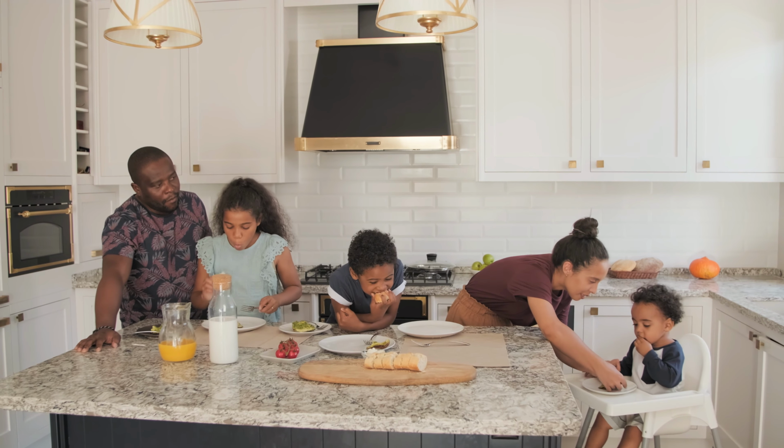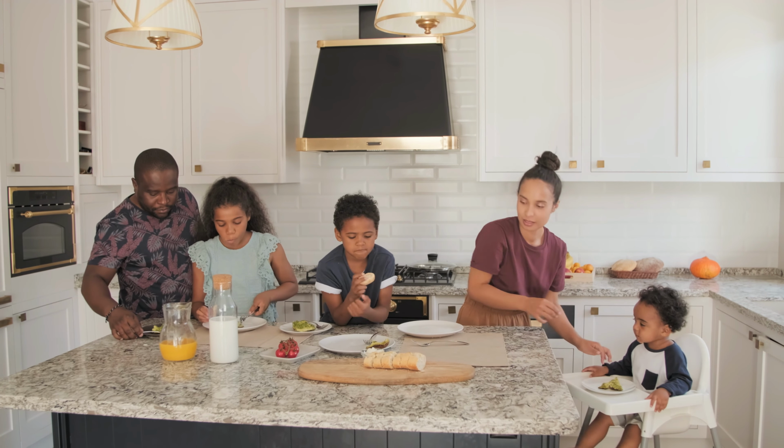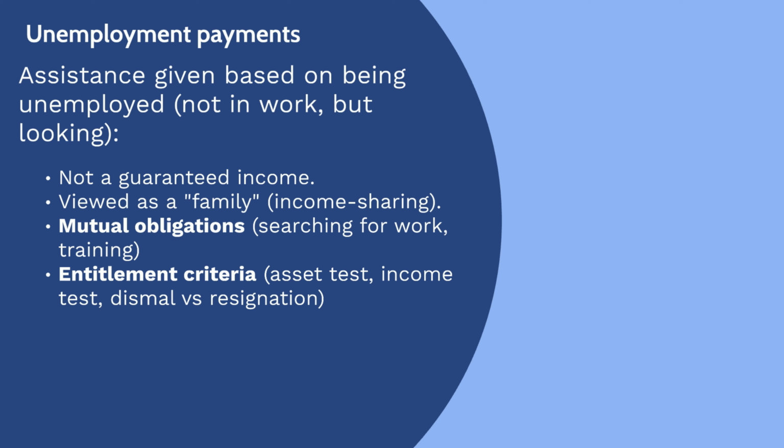So this is a much broader definition than you'll often hear people say when they're talking about a couple. But often thinking about a couple with children captures the large majority of families we observe and that are often tested. So in this way, you'll often look at family income, and if you are made unemployed and your partner is earning income, that income is counted as income for you in some way.